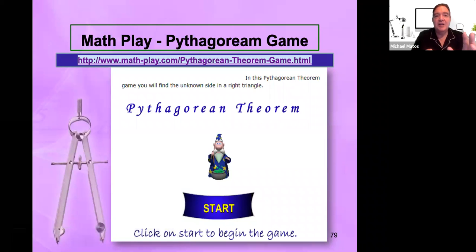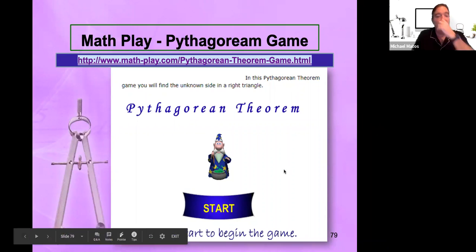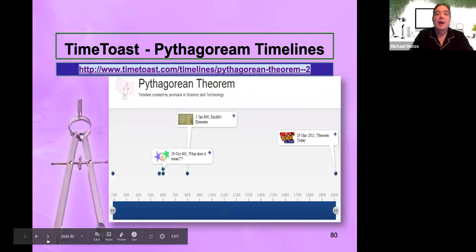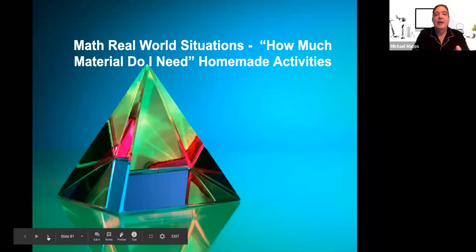It's math-play.com. There's quite a few different games on there. This just happens to be one of my favorite ones. The Pythagorean theorem timelines, once again, building a lot of history into the idea of math, and then obviously that timeline with how the Pythagorean theorem was developed. So just some ideas there.